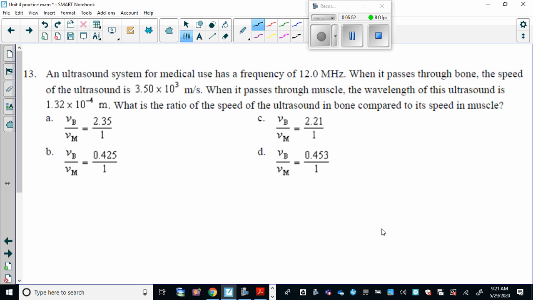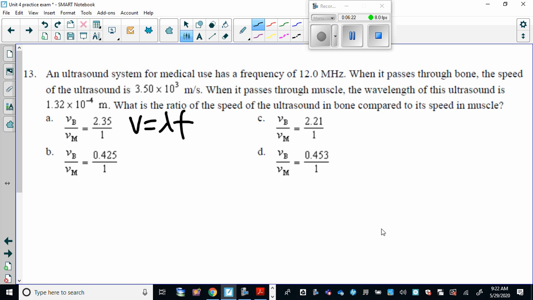All right, so we want the ratio of the speed. Speed equals wavelength times the frequency, frequency times wavelength, whichever you want. So what we need here is the wavelength and the frequency. Oh, wait a minute, what is the ratio? Oh no, this is made even easier for us because it gives us one of the speeds.